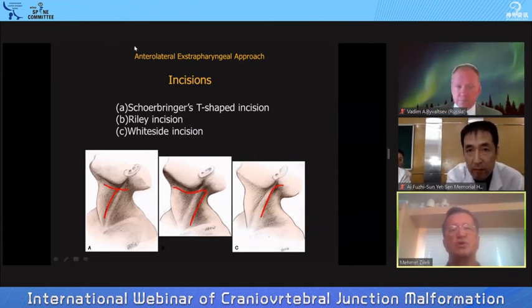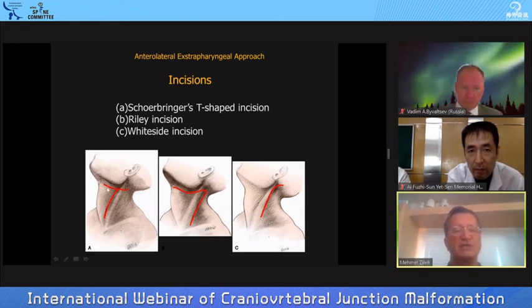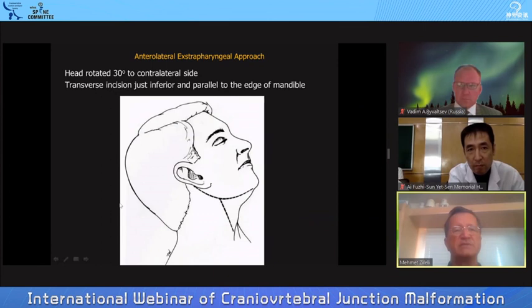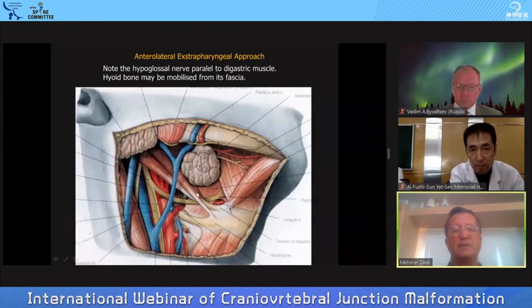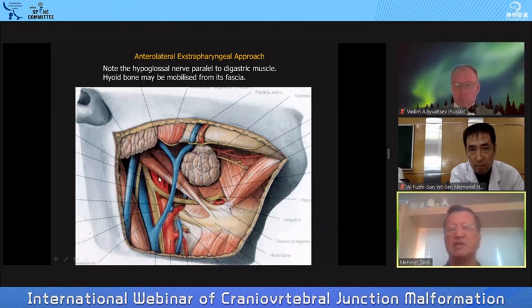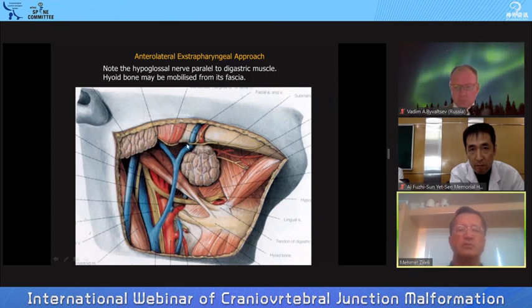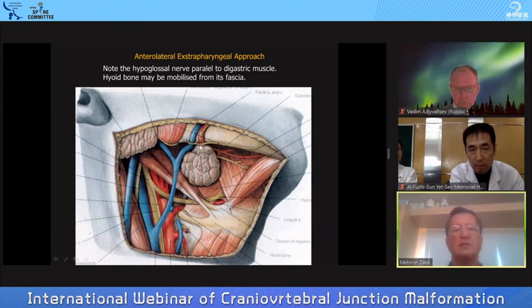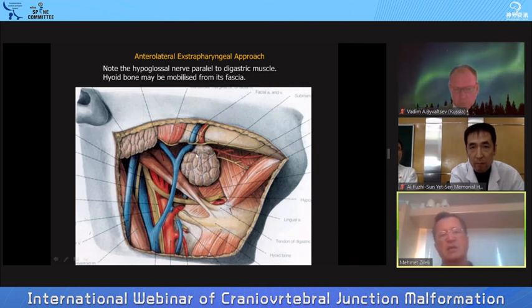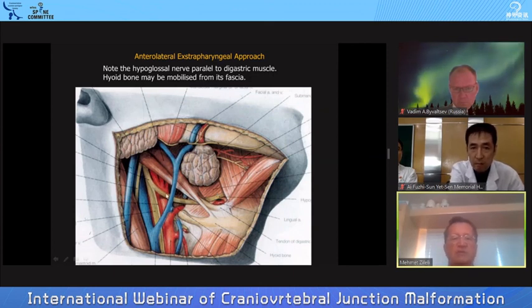There is one open surgery, the anterior extrapharyngeal approach. There are different incisions for that, but mostly we use the T-shaped incision, and then we manipulate the internal carotid artery, jugular vein, submandibular glands, and here the hypoglossal nerve.